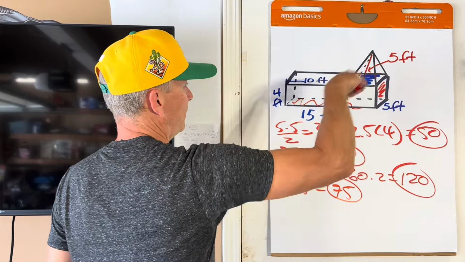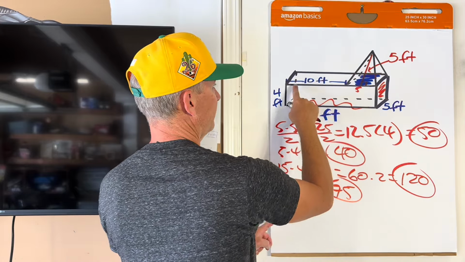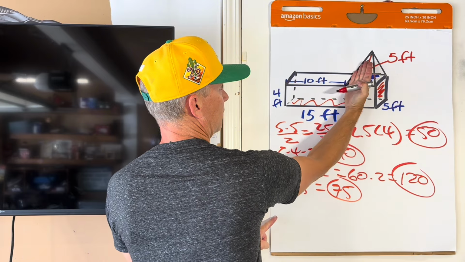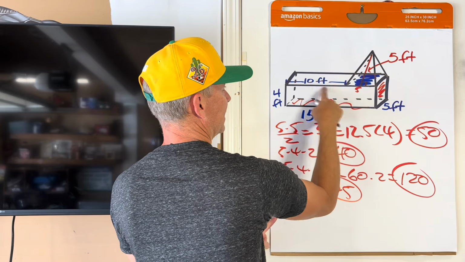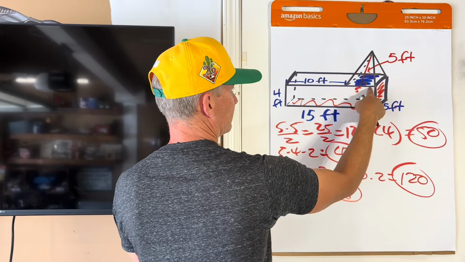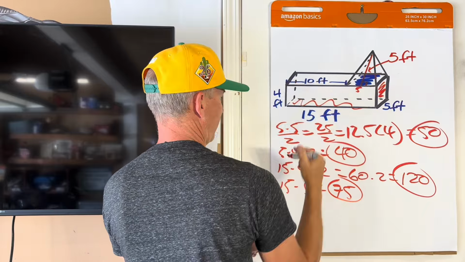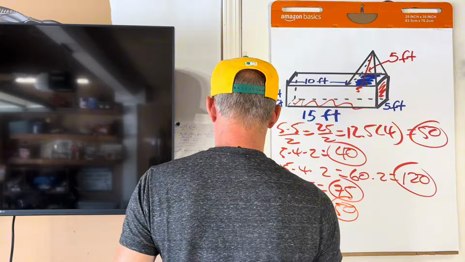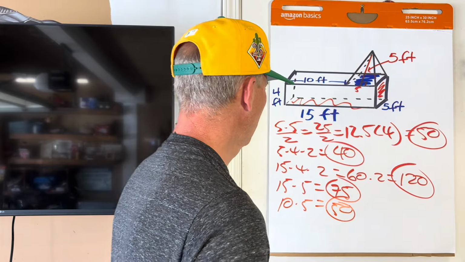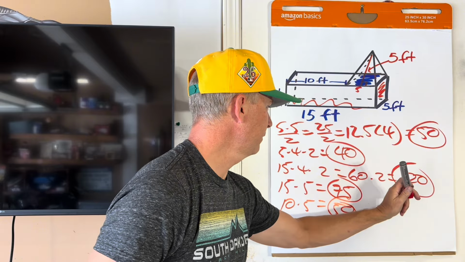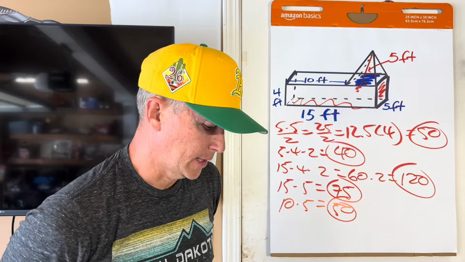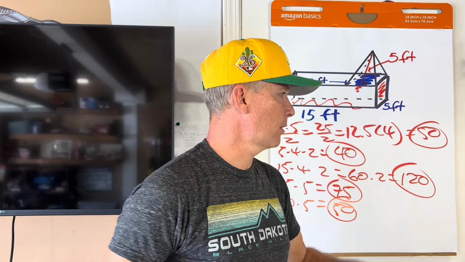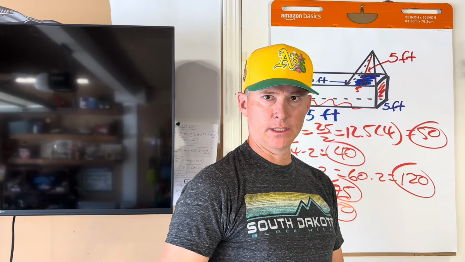The top is not 15 times 5 because it stops right here. It's actually 10 times 5, because if that's 5, that's 5, that's 5. It's 10 times 5, which equals 50. So we have 1, 2, 3, 4, 5, 6. That's the rectangular pyramid, and those are the 4 lateral faces.